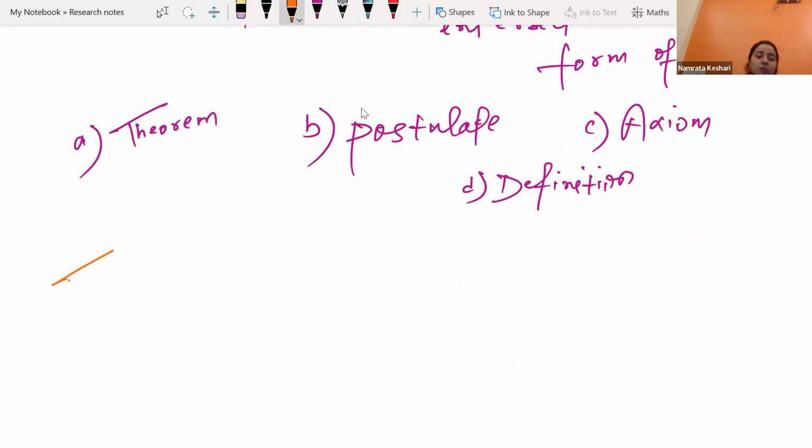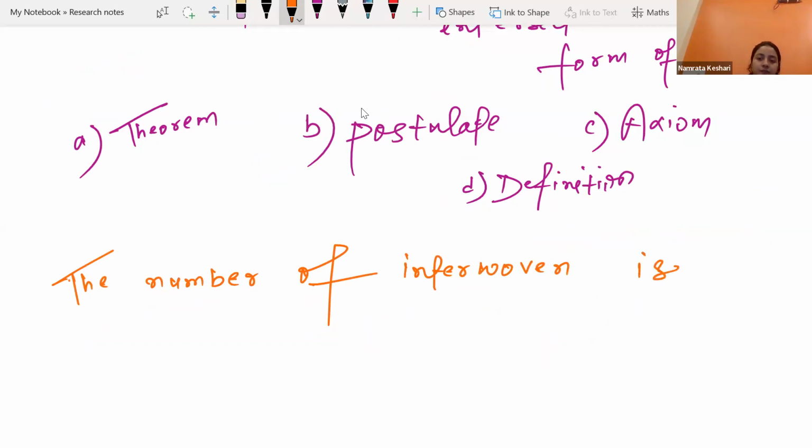Now, the number of interwoven isosceles triangles.